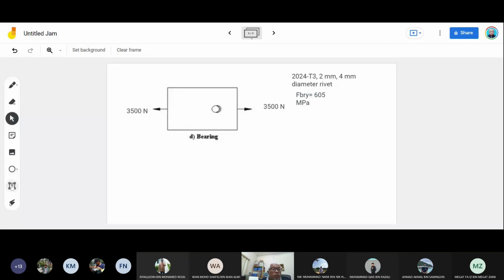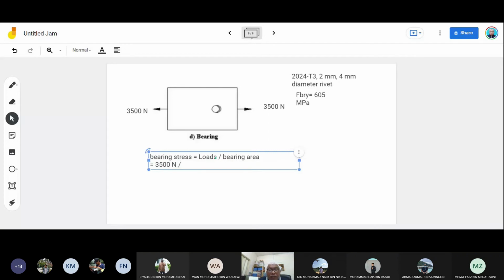So we calculate the bearing stress, equal to load over bearing area. The load equals 3,500 Newton.